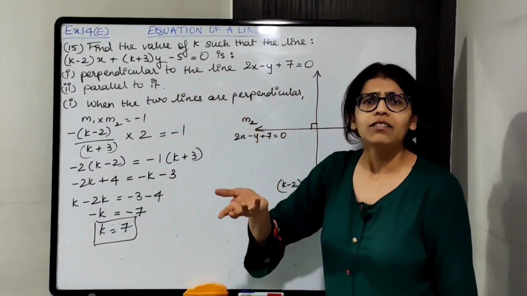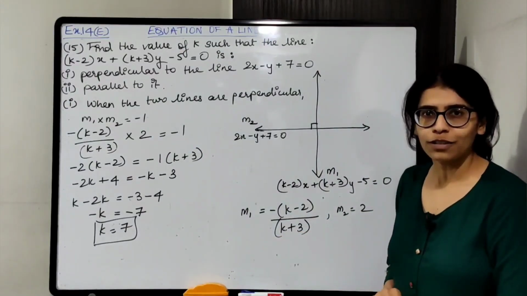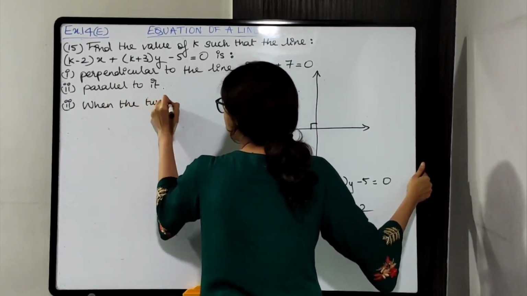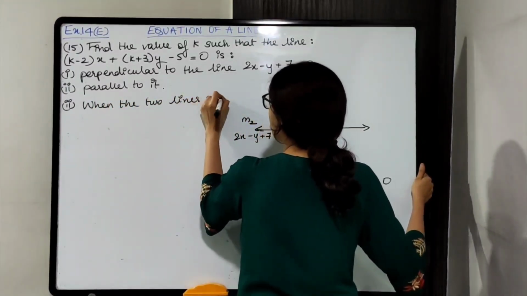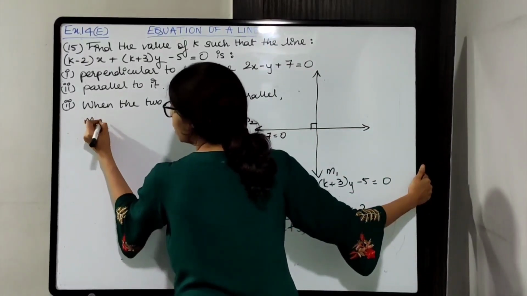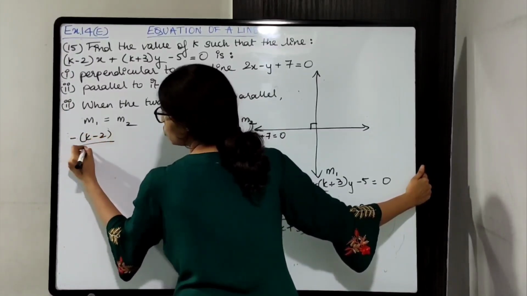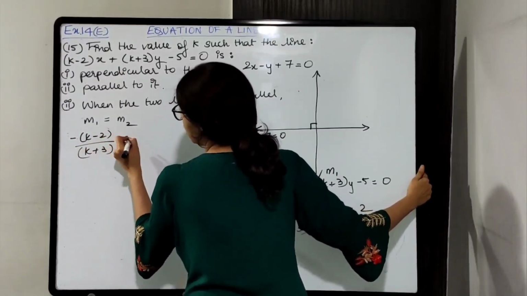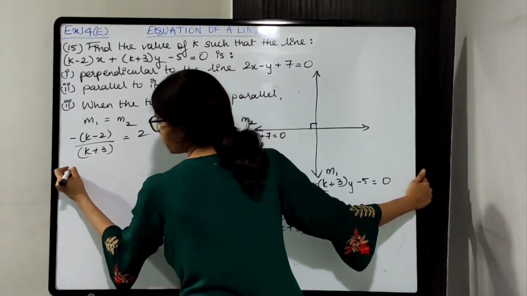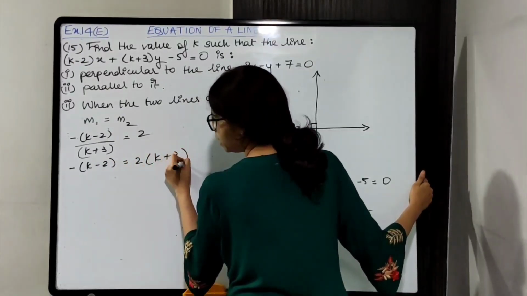When the two lines are parallel, the slopes will be equal. We have the slopes already, we only have to equate and solve. When the two lines are parallel, m1 will be equal to m2. So minus (k minus 2) upon (k plus 3) equals 2. Shifting k plus 3 over here, 2 into (k plus 3).